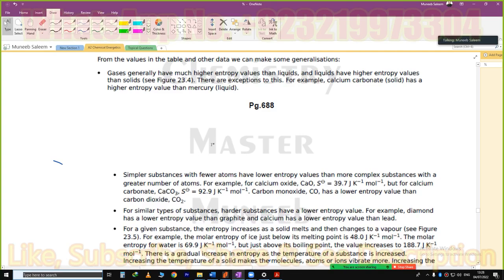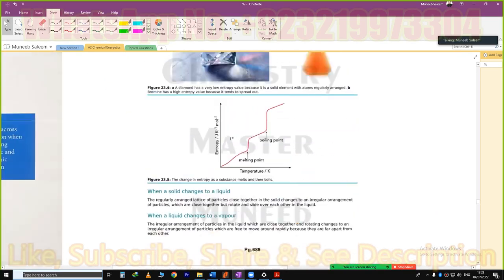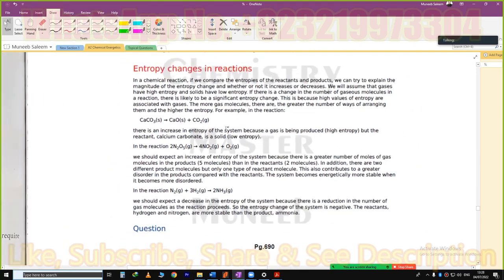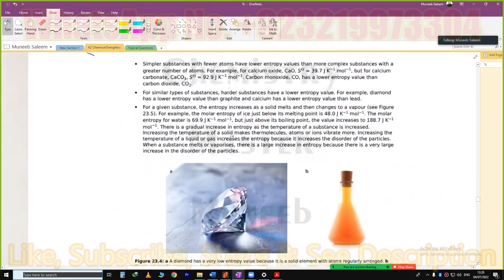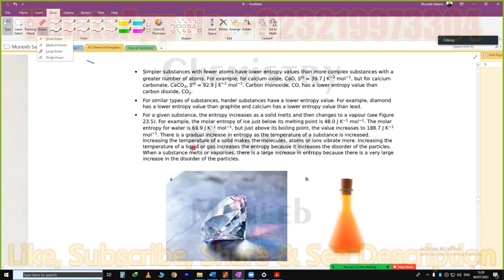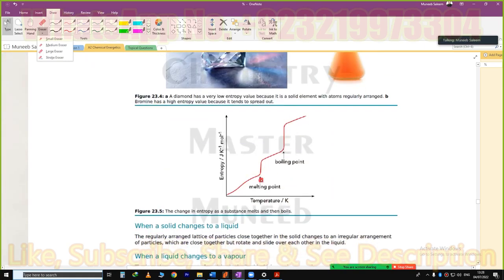And then entropy, we have discussed this already, about the change in the state. Entropy increases as a solid melts and then changes to a vapor. According to this graph, there is a clear-cut change at the melting and boiling points.